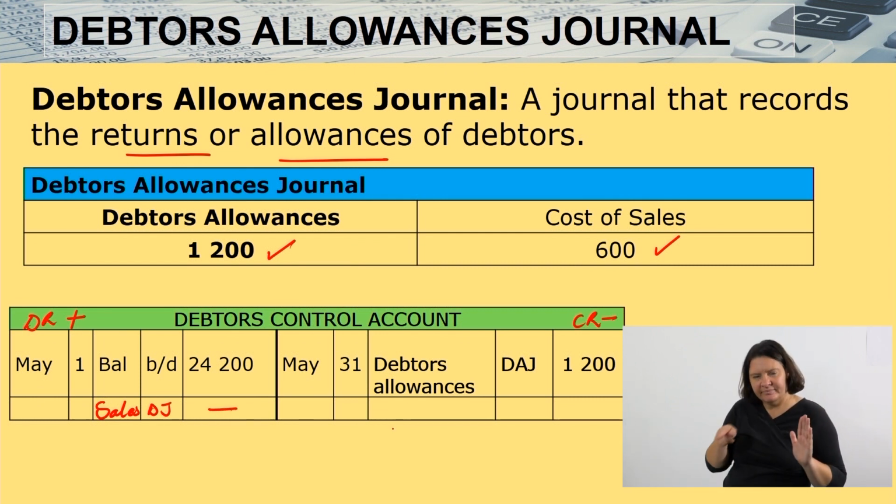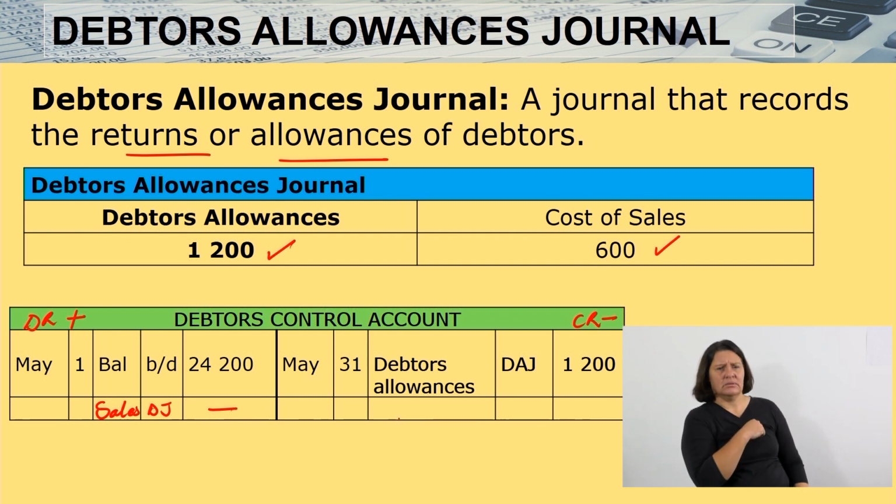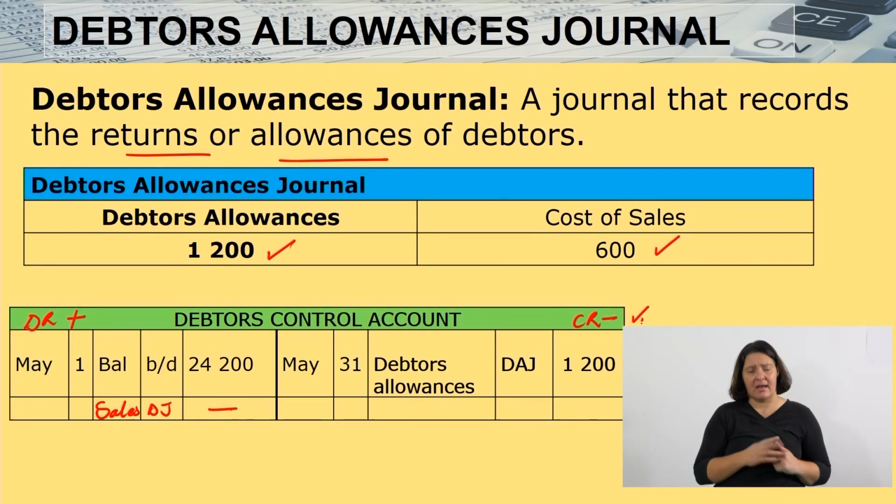But if we have returns now, we have allowances from our debtors, that means we have to decrease our debtors. We would then bring our allowances to the credit side. We are decreasing our debtors account. So you will find I would then say debtors allowances. And which journal am I posting from?